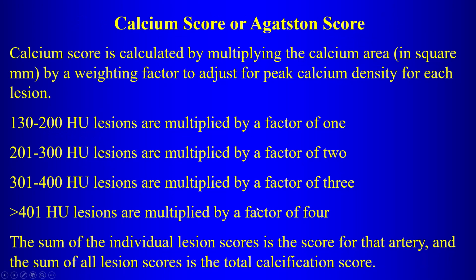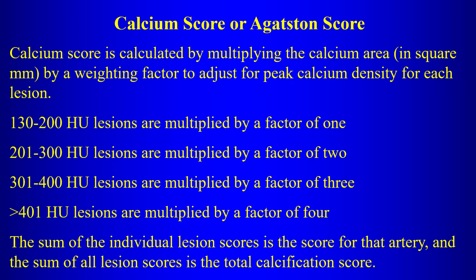Now, the type of calcium score that is most popular, or the scoring system that was most popular for coronary calcium scoring, is the Agatston scoring system. And this is a weighted scoring system, and I've outlined it here for you about how this is done. It's not so important that you know the actual weighting factors or how it's done.